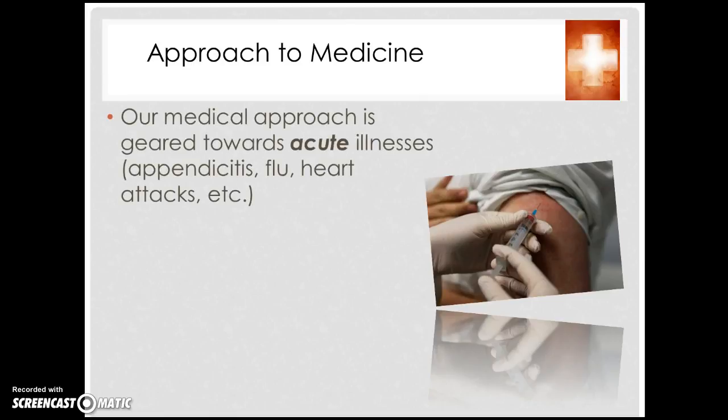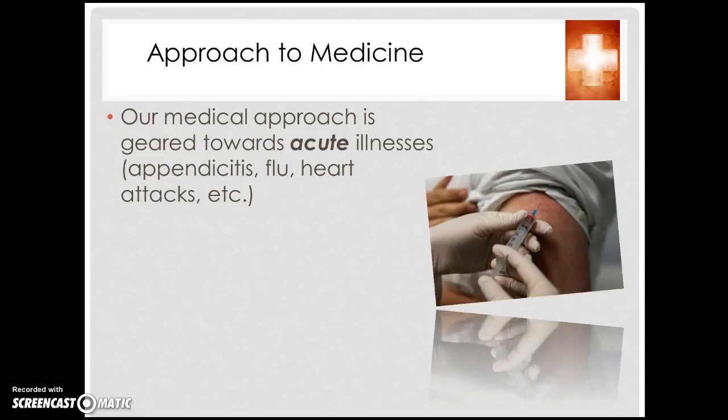Let's examine our approaches to medicine in the United States, our hospitals. The way that doctors and other medical professionals are trained is to deal with crises, to deal with moments when the body is not in a normal state. These types of situations are known as acute illnesses. Someone gets appendicitis and they need to have surgery.